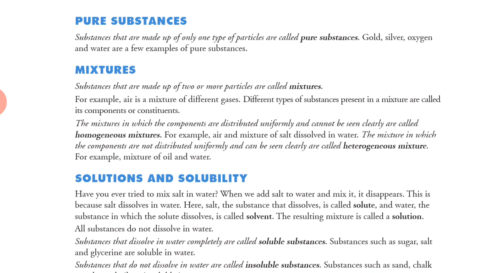So the mixtures can again be categorized into two categories: the mixtures in which the components are distributed uniformly and cannot be seen clearly are called homogeneous mixtures.